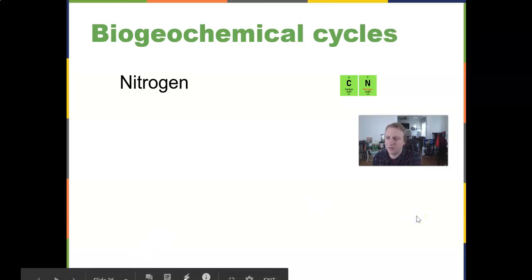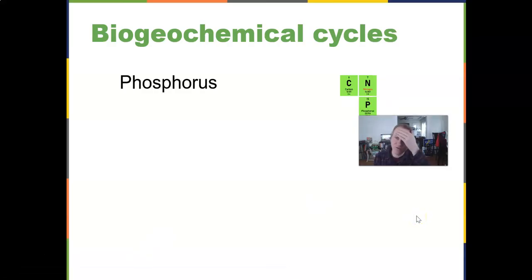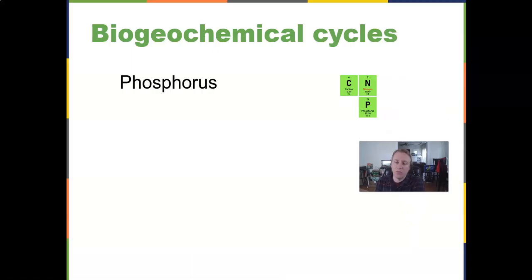All right, what's next on the list? Next is phosphorus. Why is phosphorus important? Phosphorus is another component of your DNA, so pretty important stuff. It's also one of the main ingredients in fertilizers. It's used a lot in agriculture, and as we'll see, it has huge impacts on water.